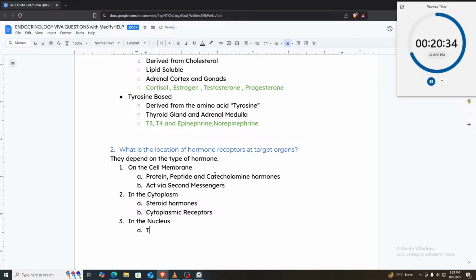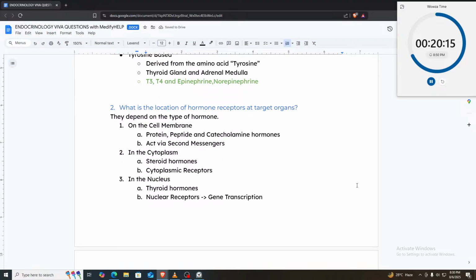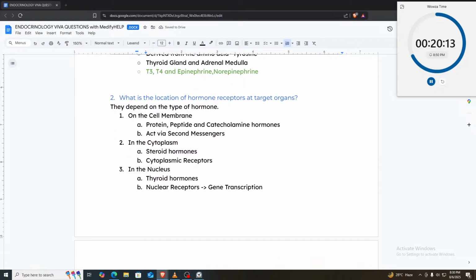Here we have thyroid hormones as the example. Basically, they bind to nuclear receptors, which leads to gene transcription. Okay, I think that is pretty decent. I don't think we need to go into more detail in terms of this.